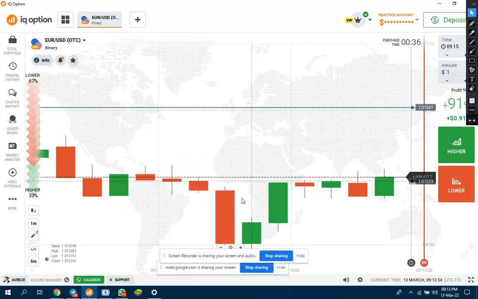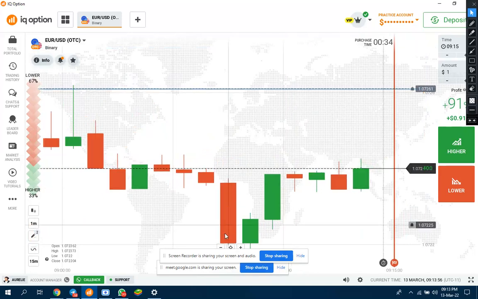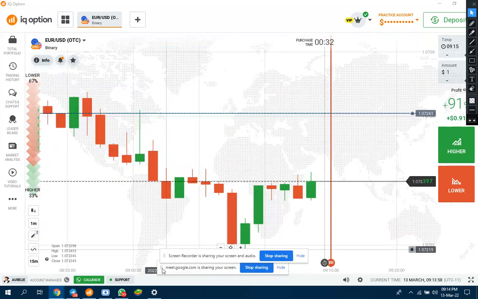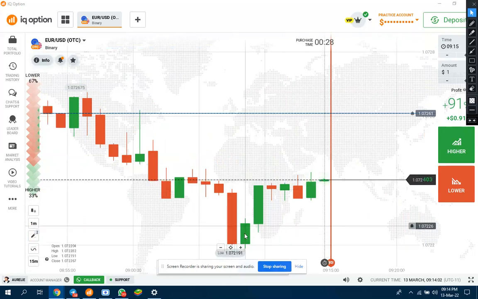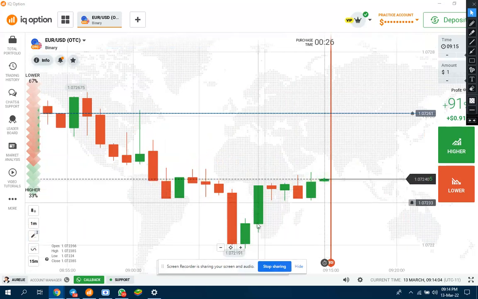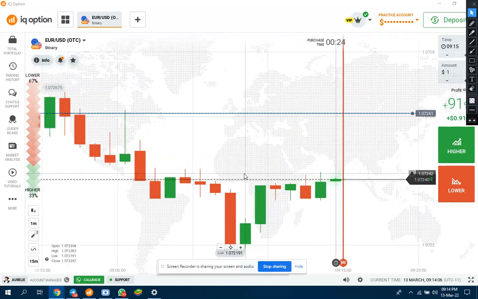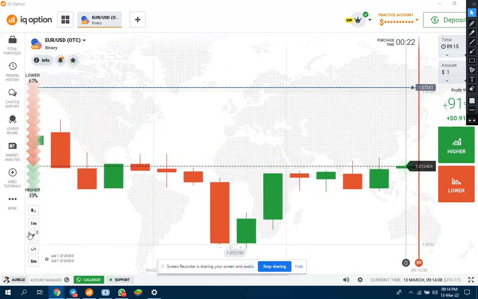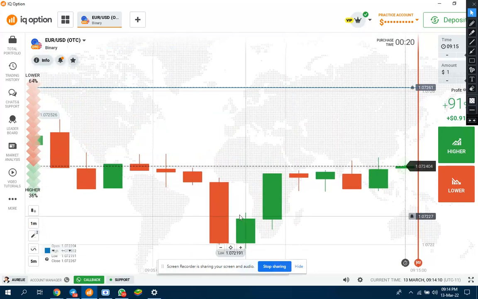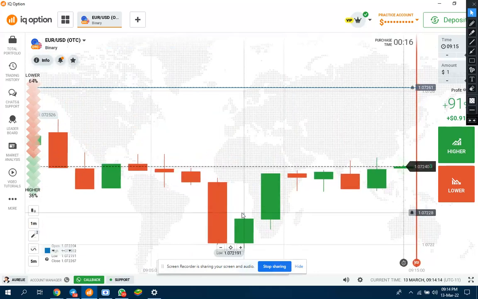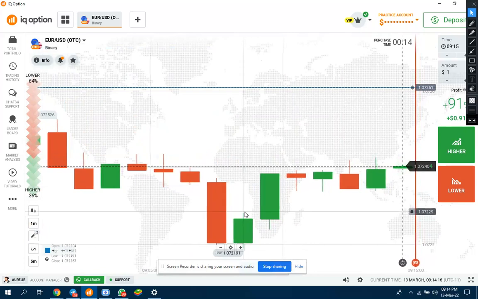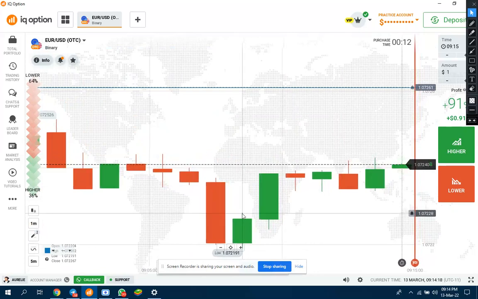So when you are trading something like this, look at this. This is a strong red candle, and a small green, then a big green candle. If you now place your line at the closing of this, just like a head and shoulder pattern. No, this is not like a head and shoulder pattern.